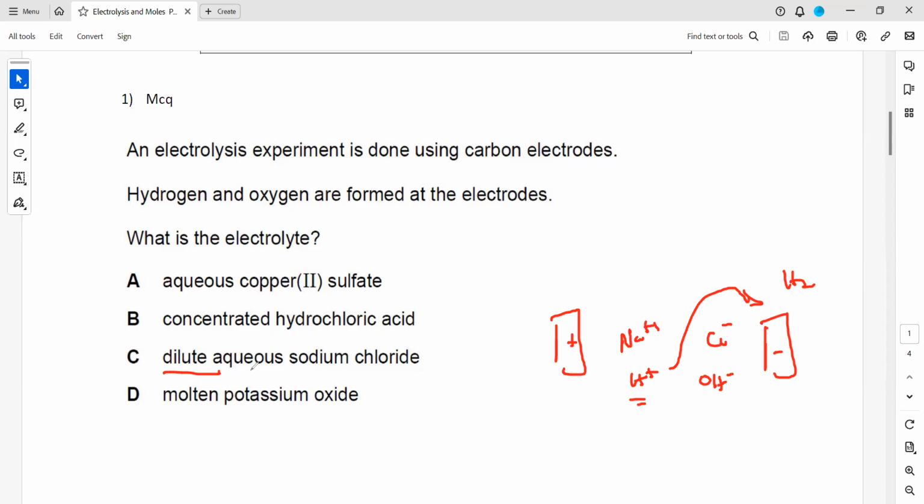And it is a dilute aqueous solution, so hydroxide ions are more. The hydroxide ions are attracted towards the anode, and as a result the product will be oxygen. So electrolysis of C gives us hydrogen and oxygen as products. So it should be dilute aqueous sodium chloride. Is this one clear?